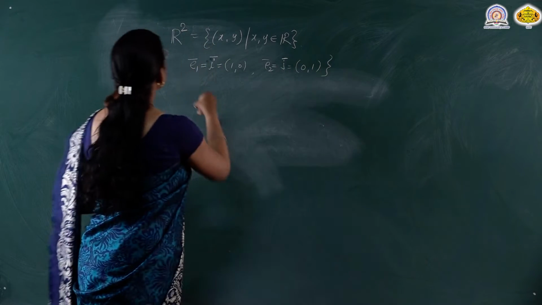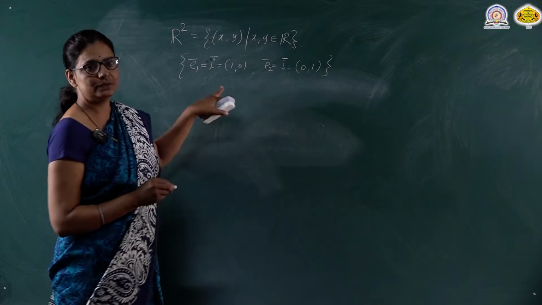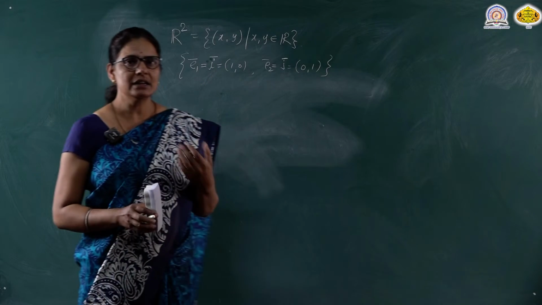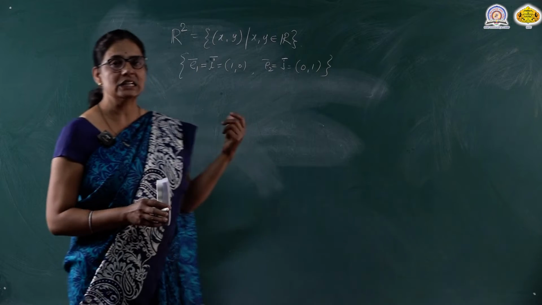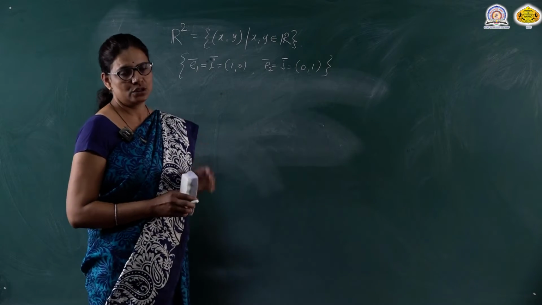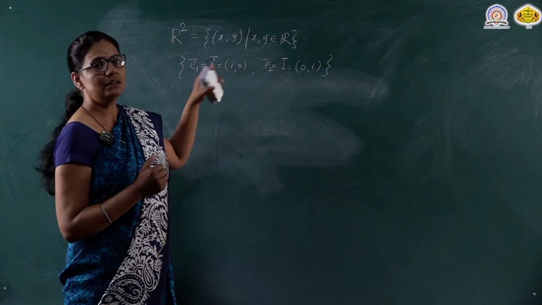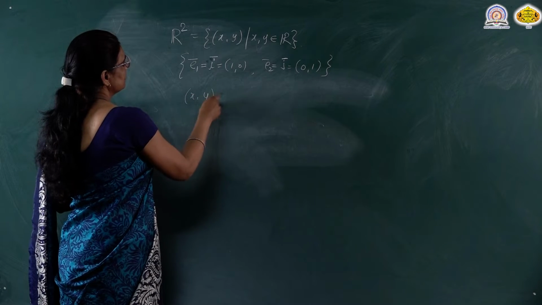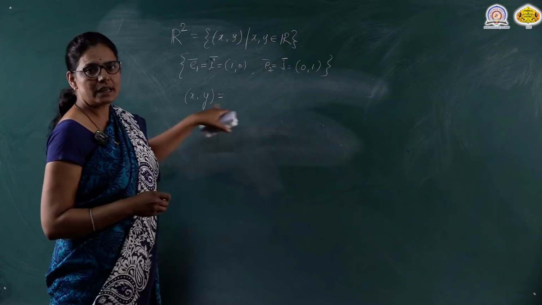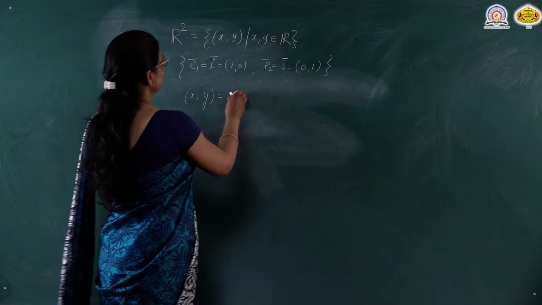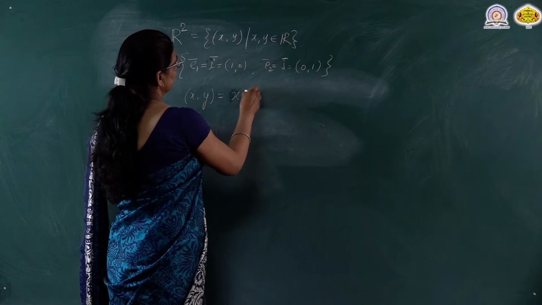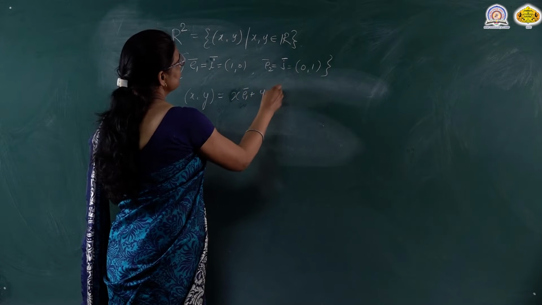So this set spans R2. We can easily check that every vector in R2 can be expressed as a linear combination of these two vectors. For that we consider an arbitrary vector xy in R2. The vector xy can be written as x times E1 plus y times E2.